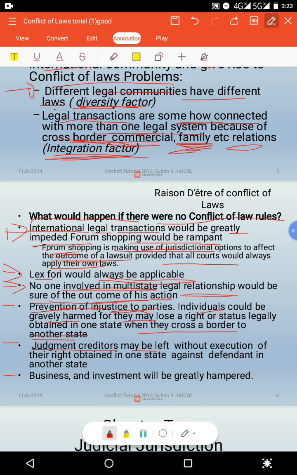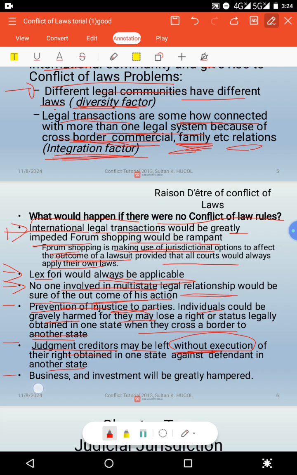They are called judgment creditors, and they may be left without execution of their right obtained in one state against a defendant in another state. So without execution there may occur a problem of non-execution, or judgment creditors may be left with nothing, as the judgment may not be given to them. So this is another problem.